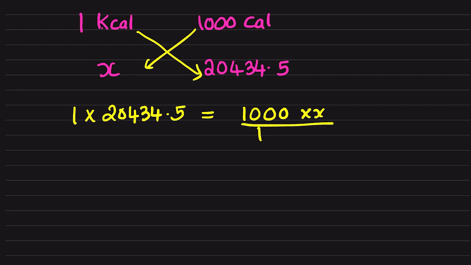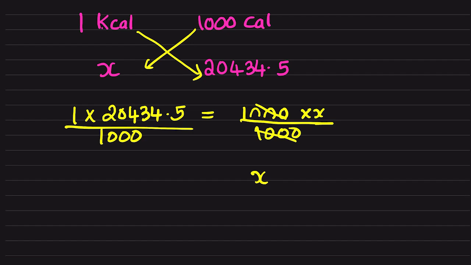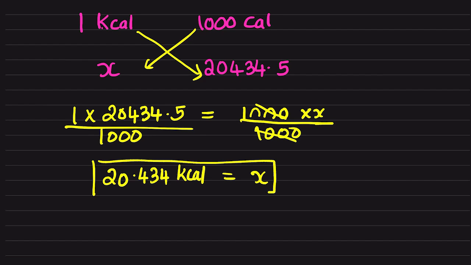So here divided by 1000, here also divided by 1000. You can use the calculator. x equals, you will get the answer 20.434 kilocalories. This is the answer.